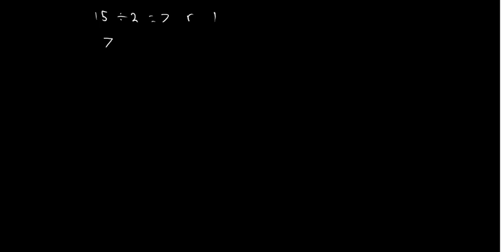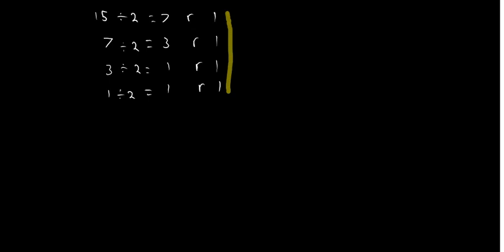What's 7 divided by 2? This is 3 remainder 1. 3 divided by 2, 1 remainder 1. Then, what's 1 divided by 2? This is 0 remainder 1.